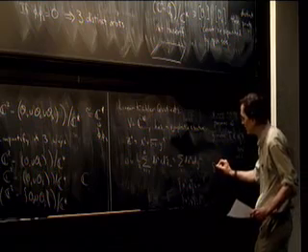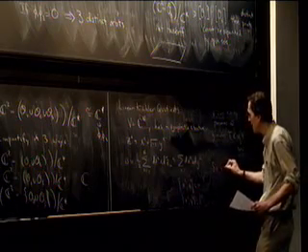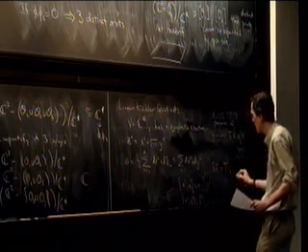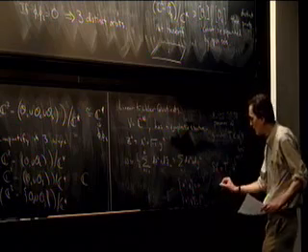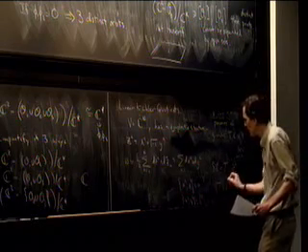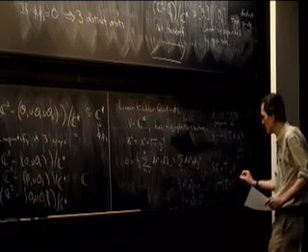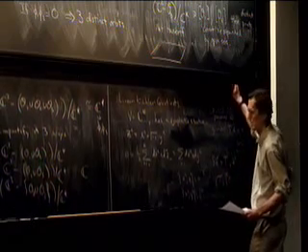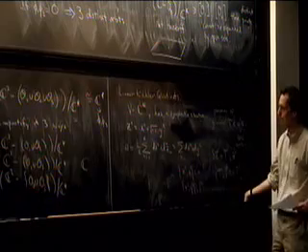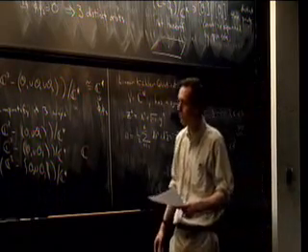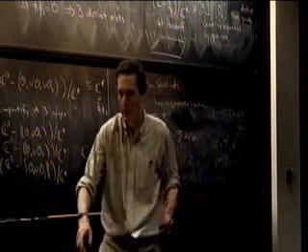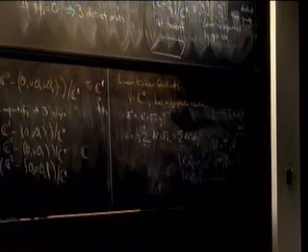And the motion that it generates is delta Z^a equals T^a_b Z^b, where T^a_b complex conjugate is minus T^b_a. Okay, so now let's write down the conserved charge.